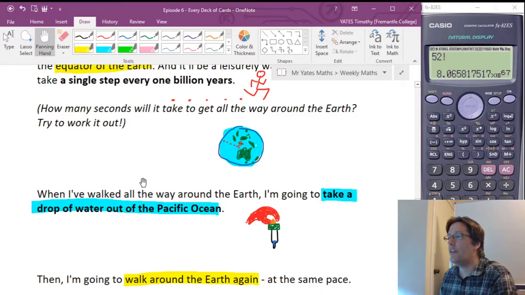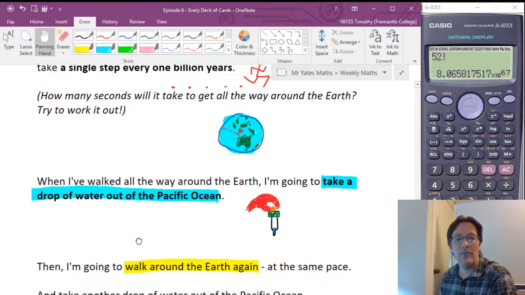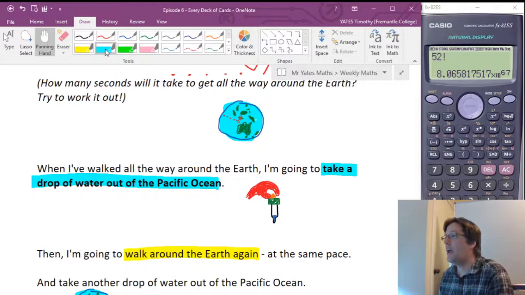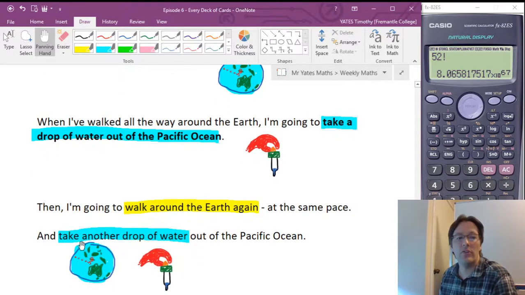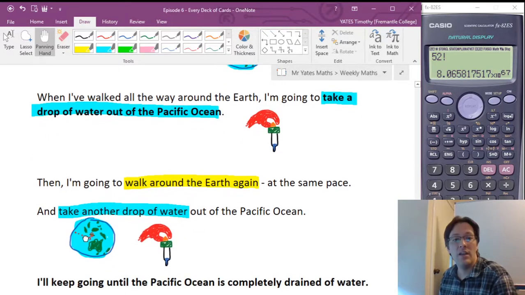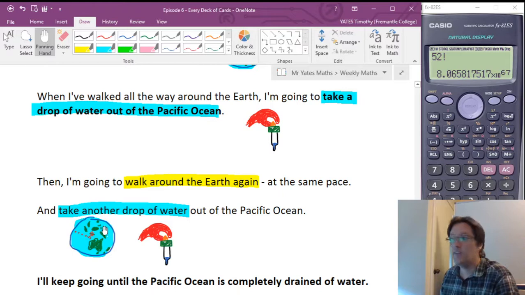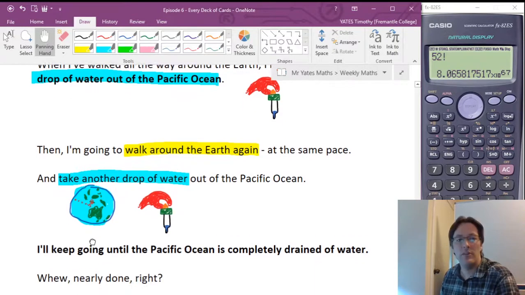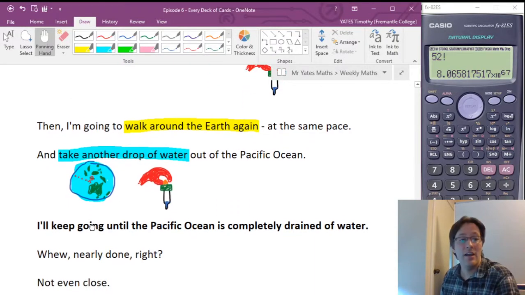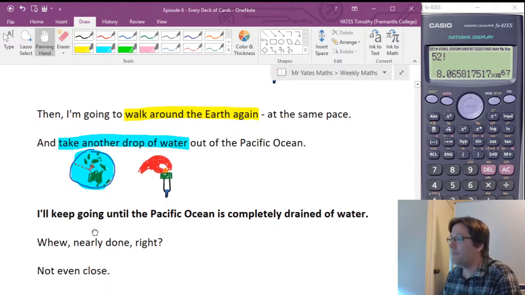I've walked around the Earth, taking a step every billion years, taken one drop out. I've walked around the Earth, and I'm going to take another drop of water out of the Pacific Ocean. I'm going to keep doing this until the Pacific Ocean is completely drained of water. So there's no water left in there whatsoever. Whew, nearly done, right? Not even close, unfortunately.